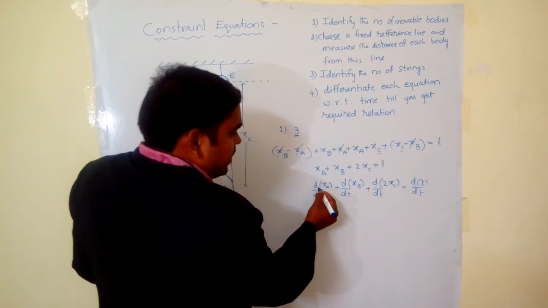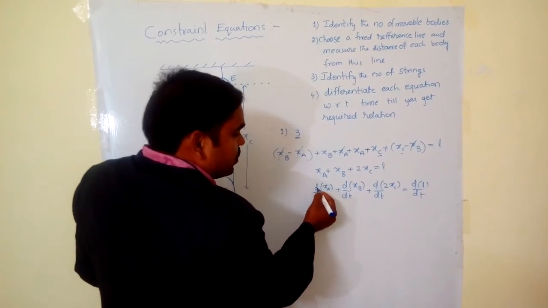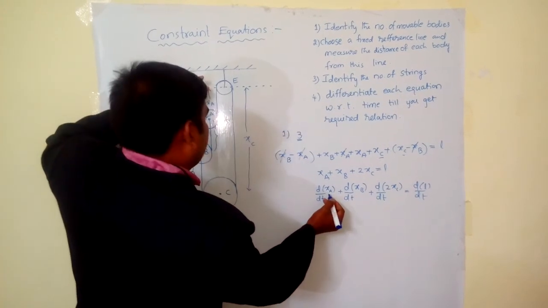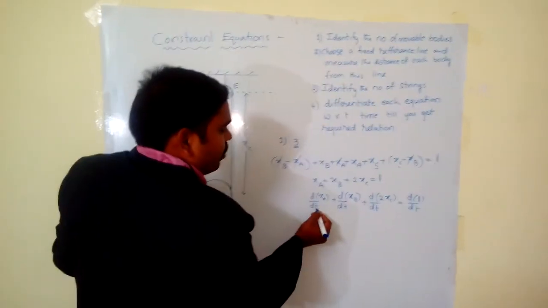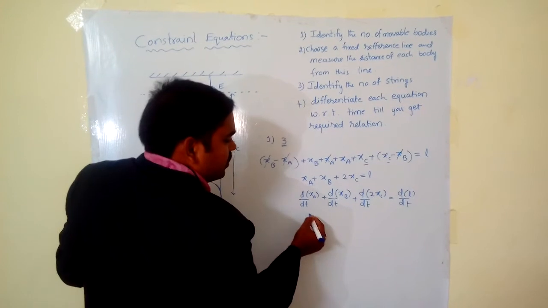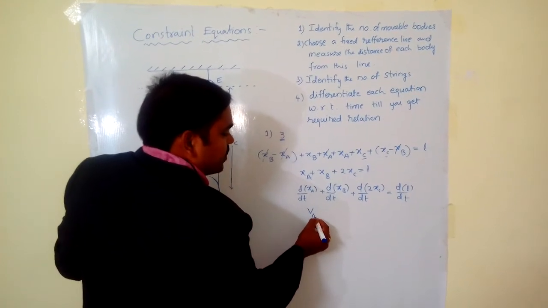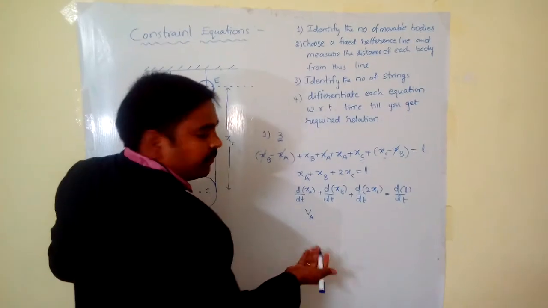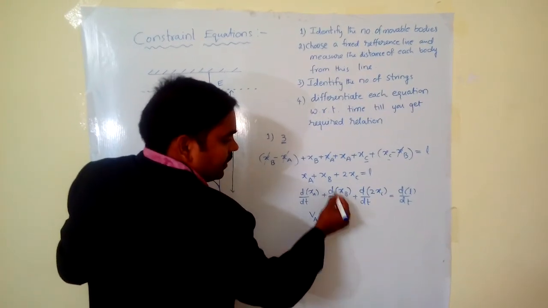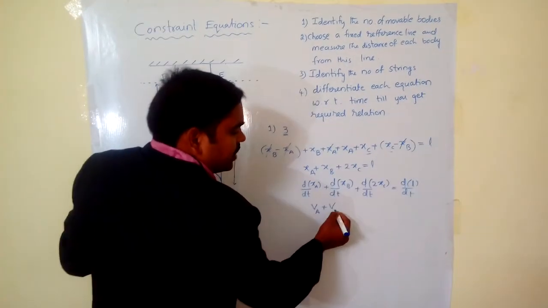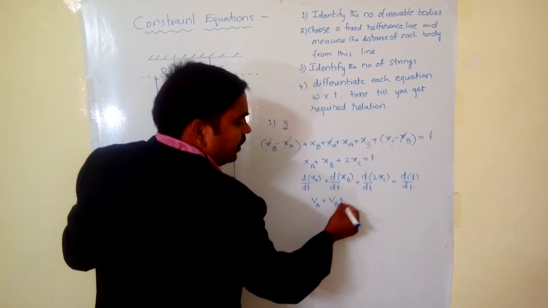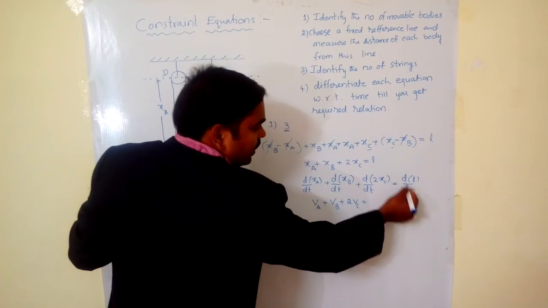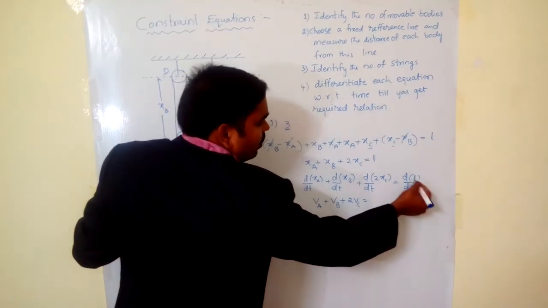Now this is the rate of change of distance. XA is the distance from the fixed reference line to pulley A. So rate of change of distance generally gives velocity. d by dt of XA is velocity of A, then d by dt of XB is velocity of B, and this one becomes 2VC, is equal to the rate of change of a constant.